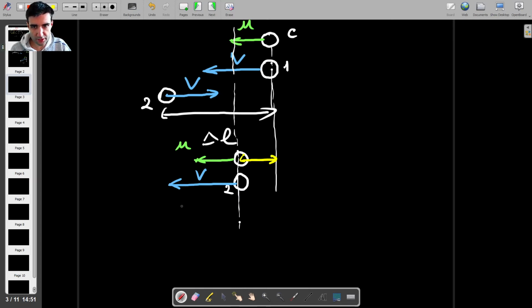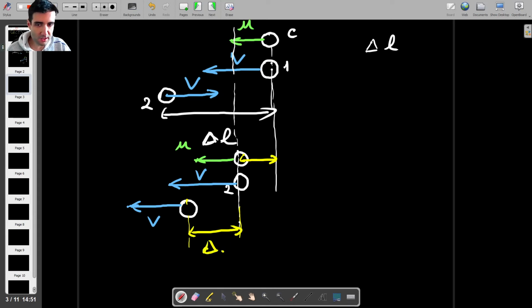Okay, now at this point, the first athlete is somewhere here. We don't know exactly where, but let's draw the first athlete here. So he keeps running with a speed of v. Okay, so this is actually what's happening, and what we have to find, if you think about it for a second: this is the initial distance between the athletes, delta L. Now the new distance between the two athletes is this one, which we call delta L prime.